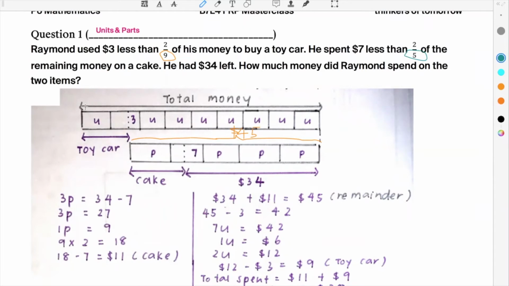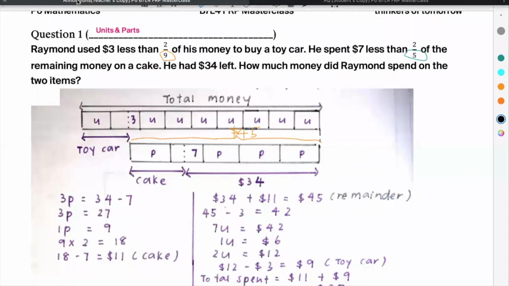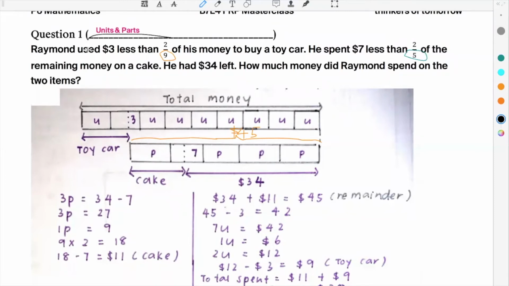Out of this 9 units of the total money, I spent how much on the toy car? I did not spend 2 units. If I were to cancel this $3 less than, yes, I agree it would be 2 units. But everybody, look up. It is $3 less than 2 units.